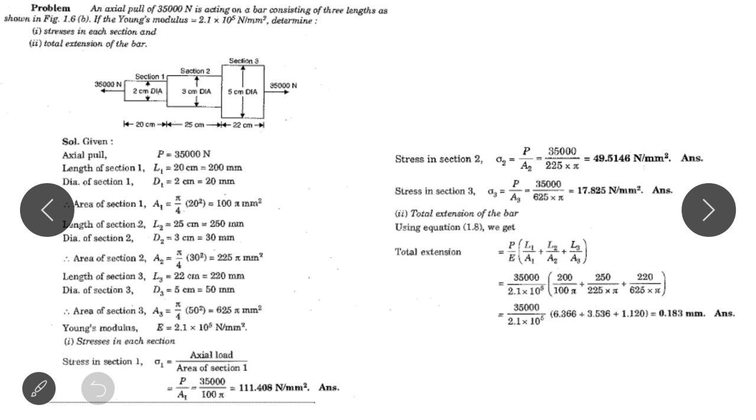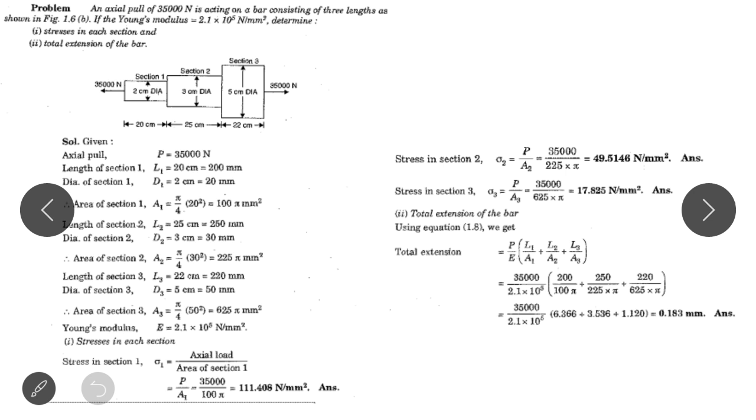So stress for section 1, sigma 1 is equal to load divided by area of section 1. So P divided by area 1 is equal to 35,000 divided by 100 pi is equal to 111.408 Newton per mm square.